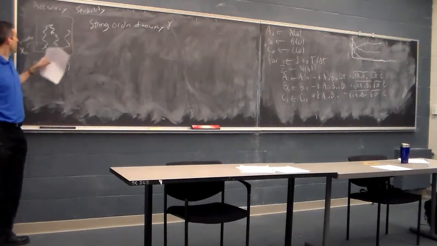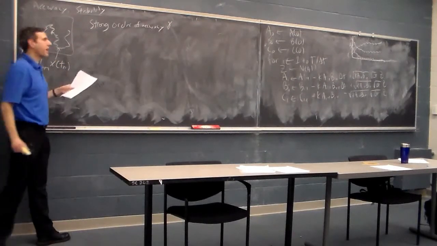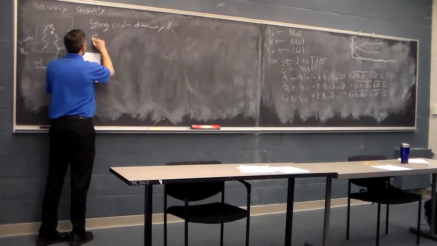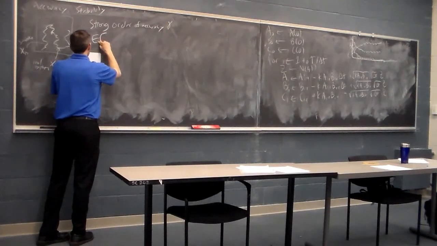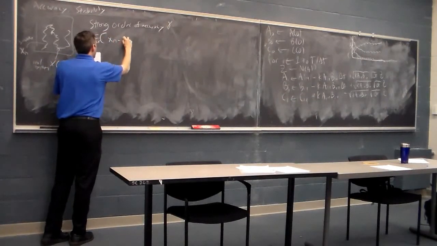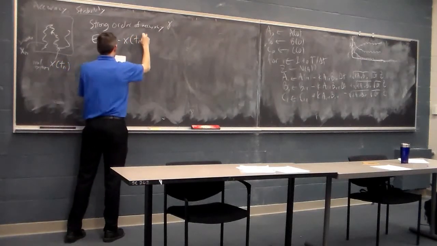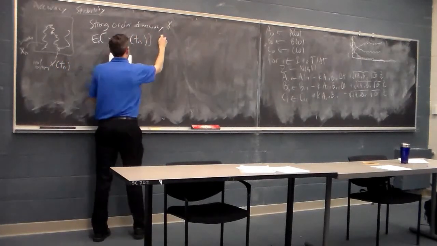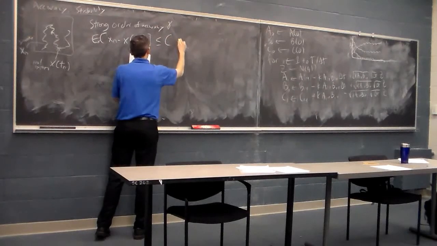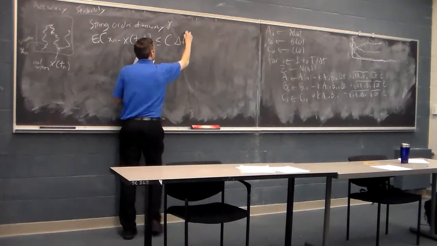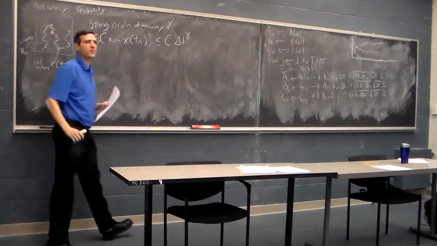Then we say that the simulation has strong order of accuracy gamma for the real system if the expected value of |x sub n minus x of t sub n| is less than or equal to some constant c times delta t to the gamma.